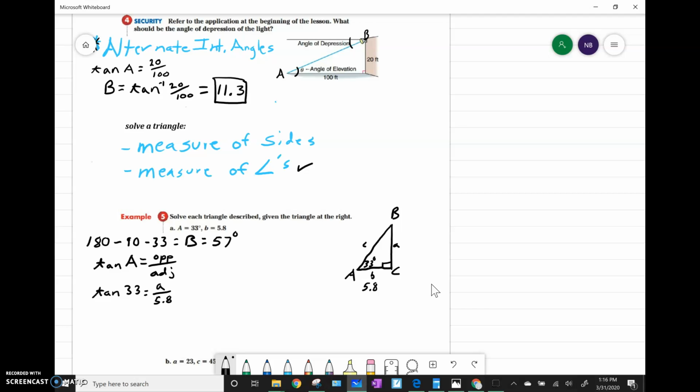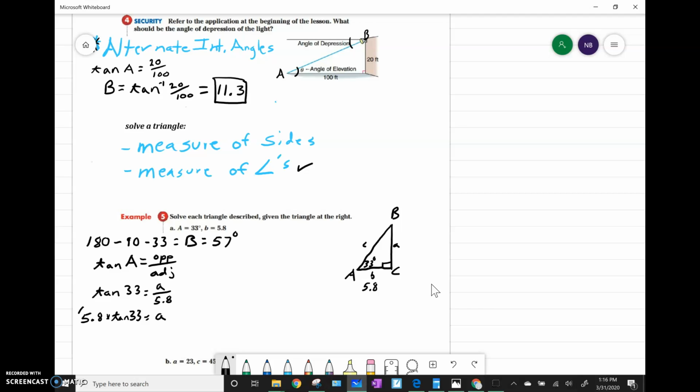Now, in your assignment last week, what we did was we multiplied both sides by the denominator of 5.8. So when we multiply both sides, that 5.8 cancels out, and we're left with just A over here. And then over on this side, we had to take 5.8 and multiply it times the tangent of 33.